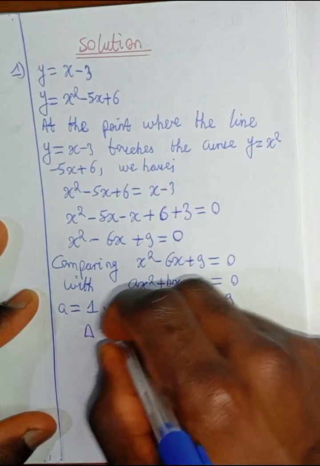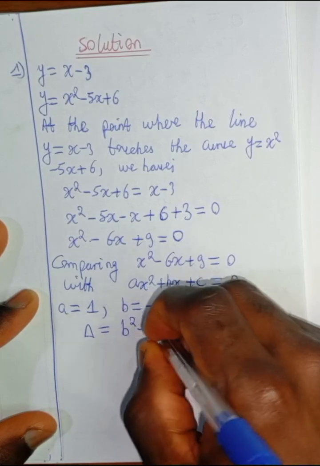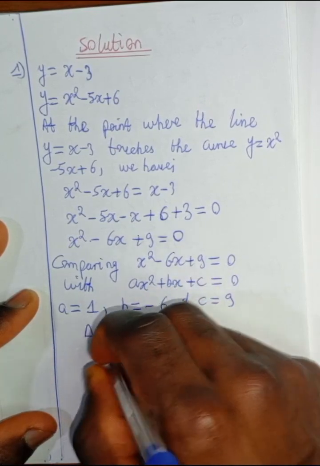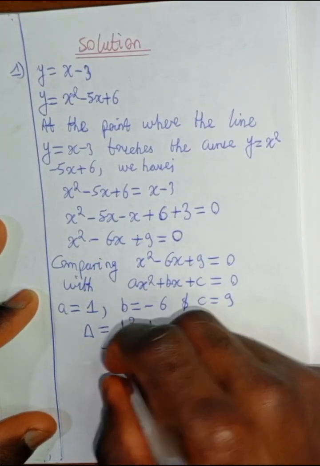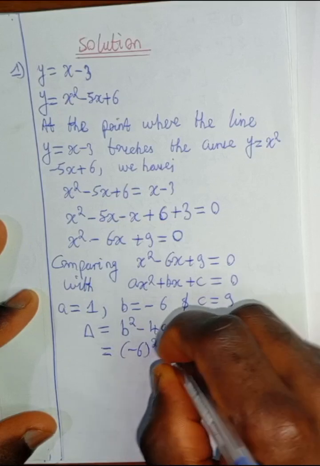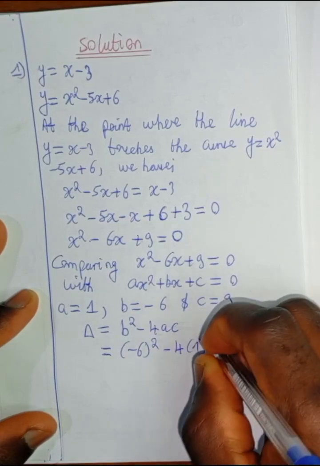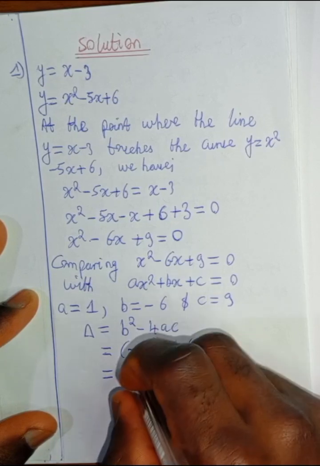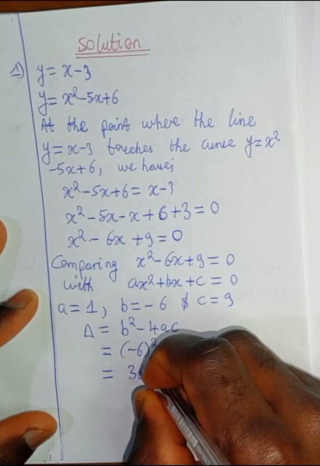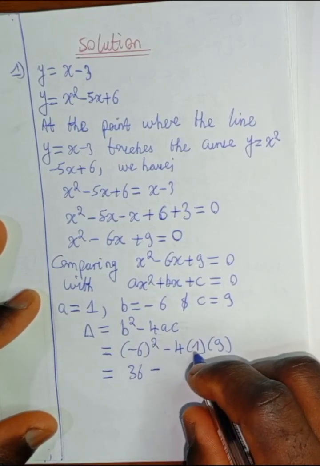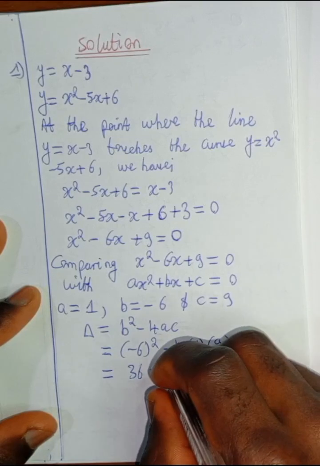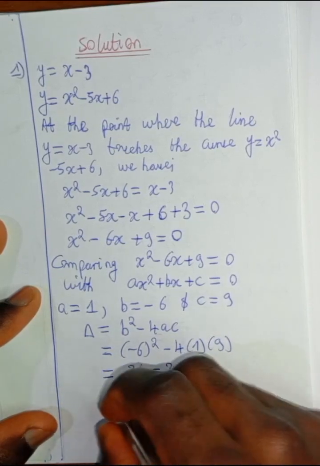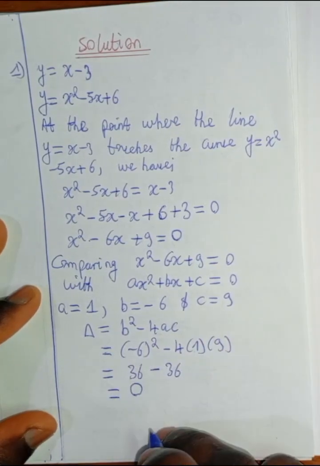We know the discriminant is given by b squared minus 4ac, and this will simply be equal to negative 6 squared minus 4 times 1 times 9. Negative 6 squared gives us 36, minus 4 times 9 is 36. 36 minus 36 is equal to 0.